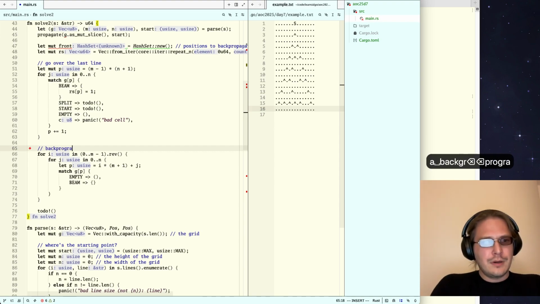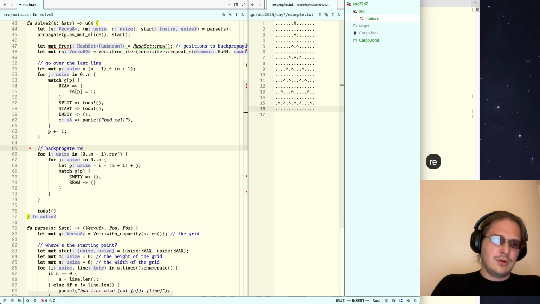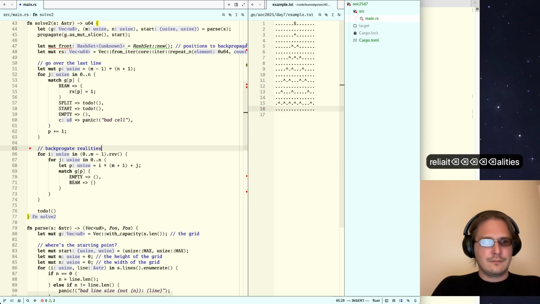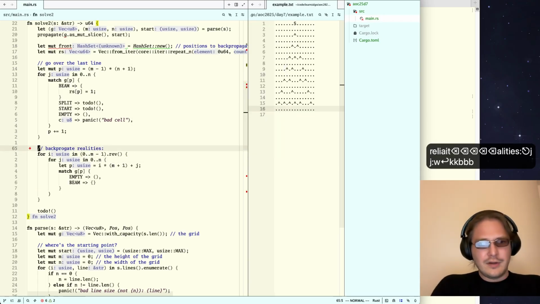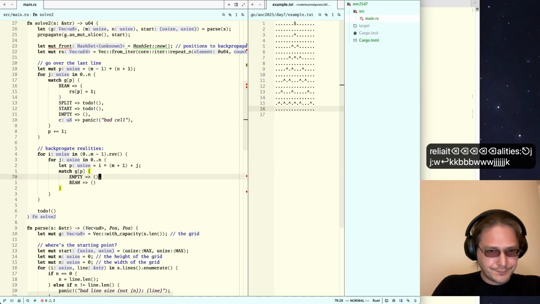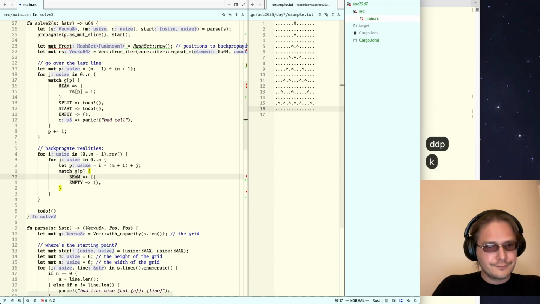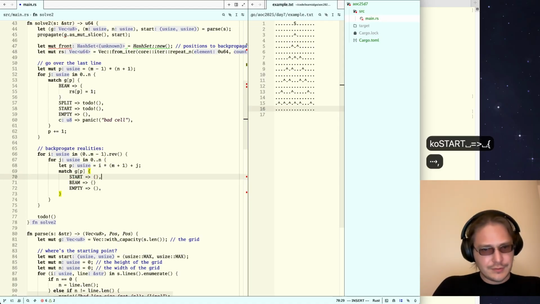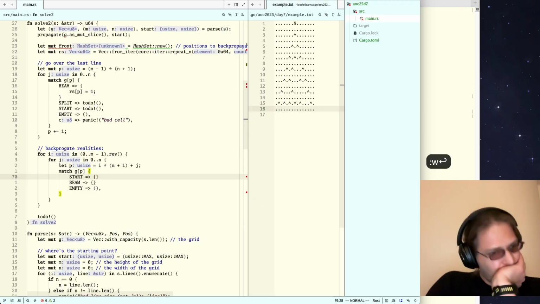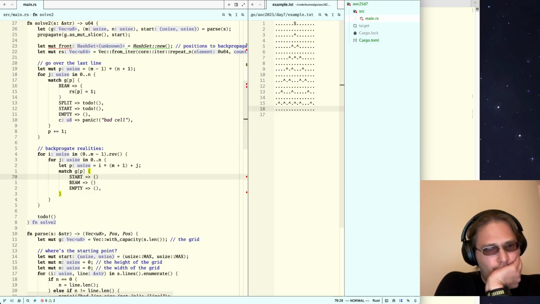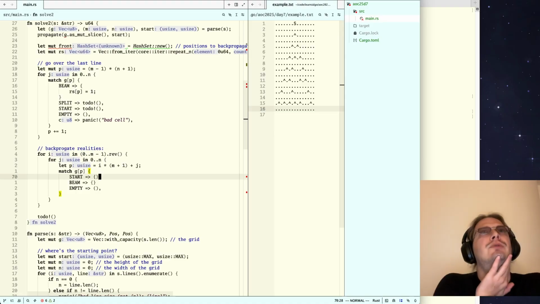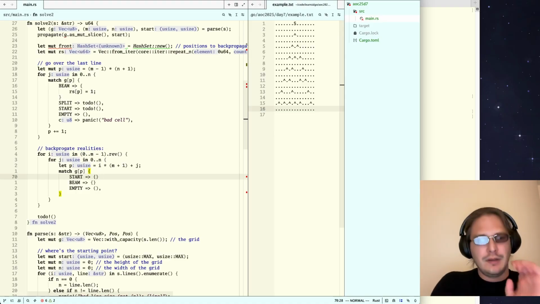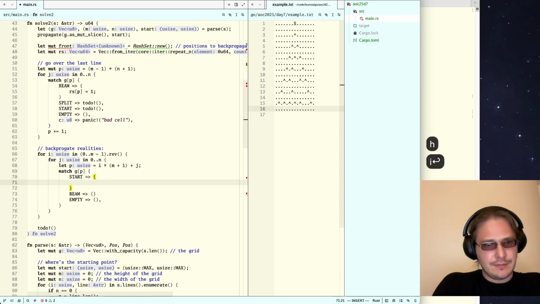Back propagate realities. Everything everywhere all at once. Okay, if we came to the start position, that means that we have to look at the position below it and take the number of realities from there.